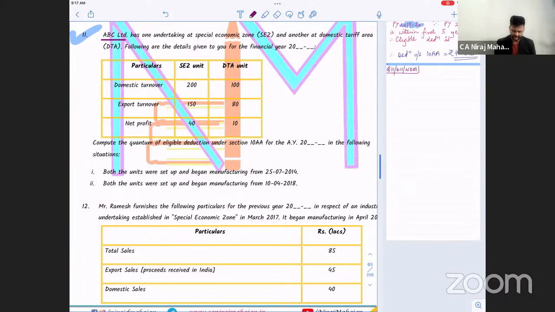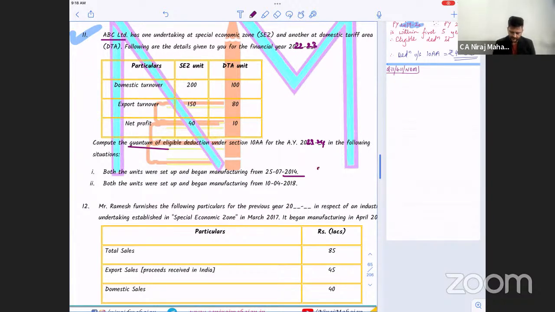Following are the details of the company for the financial year 22-23: domestic turnover, export turnover, net profit. Compute the quantum of eligible deduction under 10AA for AY 23-24 in the following situations: if the unit was set up in 14 and if the unit was set up in 18.